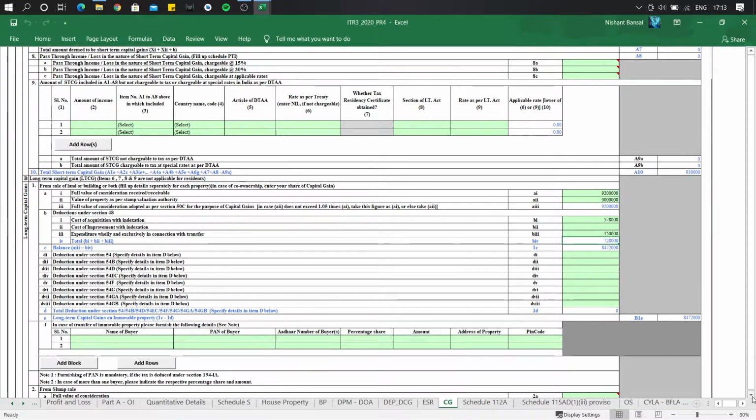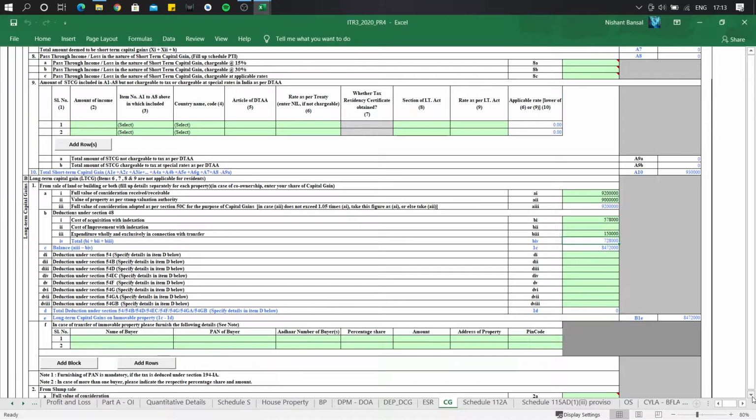Now the details of deduction under these sections are given. Okay, so amount invested in the bonds of various companies is given. If you look at them carefully, you will realize that all these deductions refer to section 54EC. So again, you have to refer to the provisions of this section in detail to get more clarity.